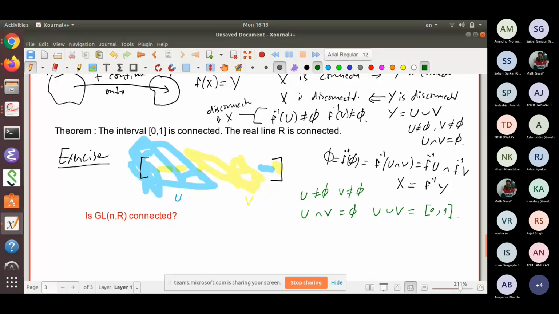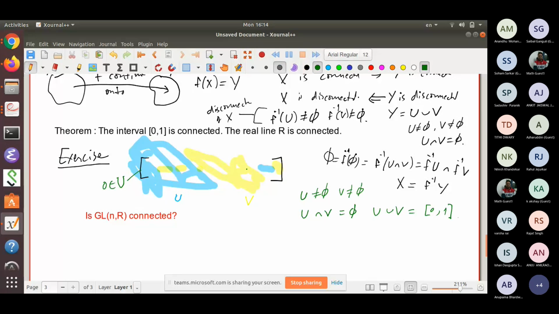So we can assume, without loss of generality, that 0 belongs to the blue set. Now, 0 is not the only point. There are other points, and the blue set is not the only set. Of course, if 0 belongs to the yellow set, you interchange blue and yellow for the sake of this argument.